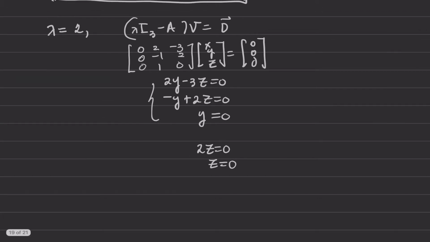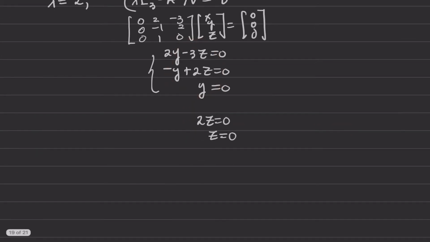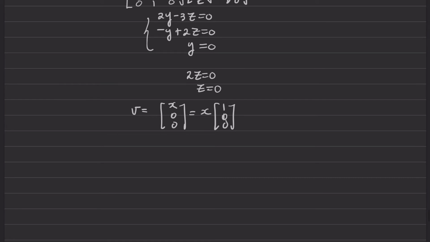Tapos, yung x mo, wala siyang participation dyan. So, nakalutang siya. So, ang v mo, ang itsura niya, x, 0, 0 or x times 1, 0, 0. So, yung S2 mo, yung eigenspace corresponding to 2 is constant times 1, 0, 0, where K is a real number.